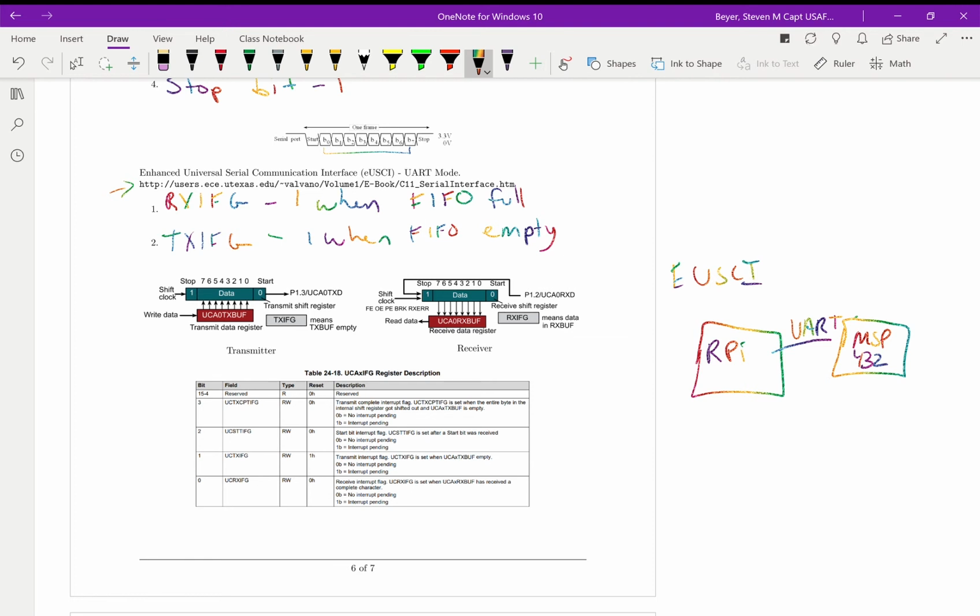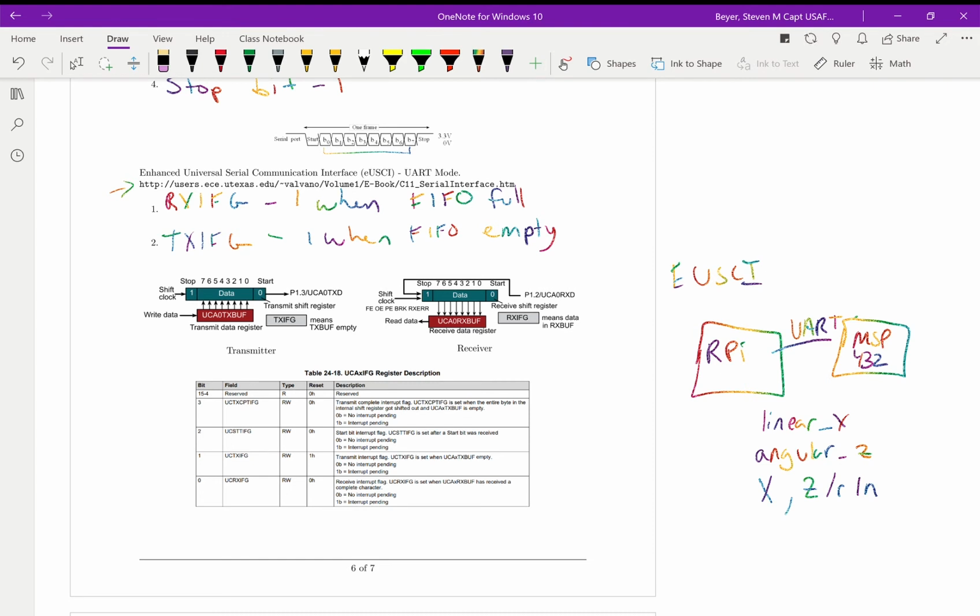We're sending a linear X value and an angular Z value. The way I send it is basically just X comma Z with a new line at the end. And that gets sent as an ASCII string.